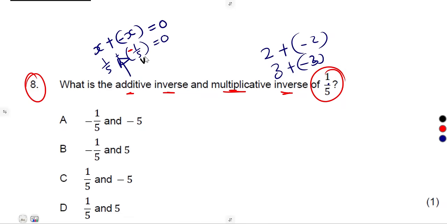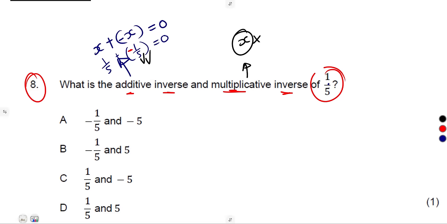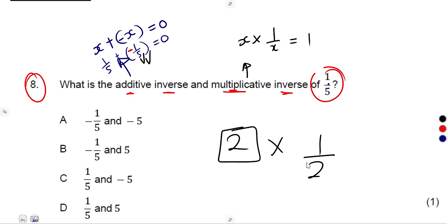So the additive inverse was supposed to be negative 1 over 5, putting a negative there. This is what we need for additive. Let's move on to the multiplicative inverse. What is the condition? A number, when multiplied to its inverse, 1 over that number, 1 over x, we must obtain 1. I talked about that, guys. 2 times its inverse, 1 over 2, we must get a 1.